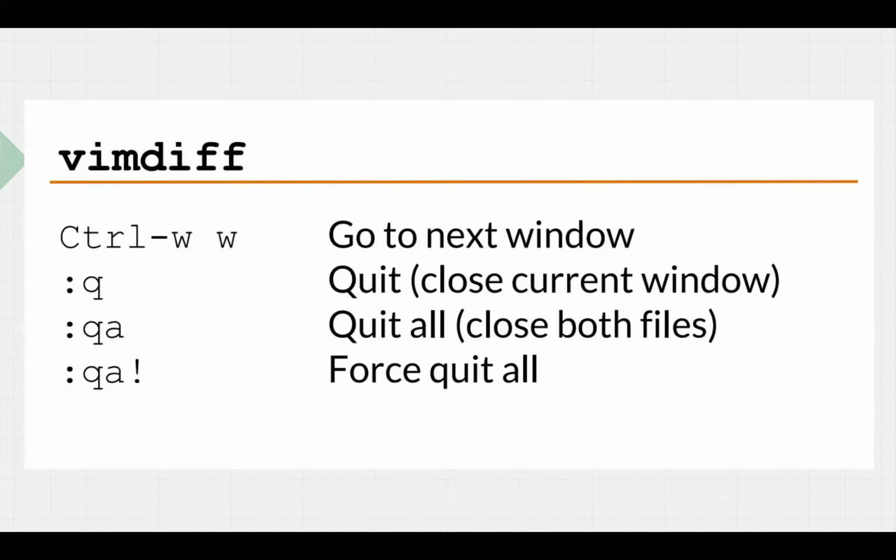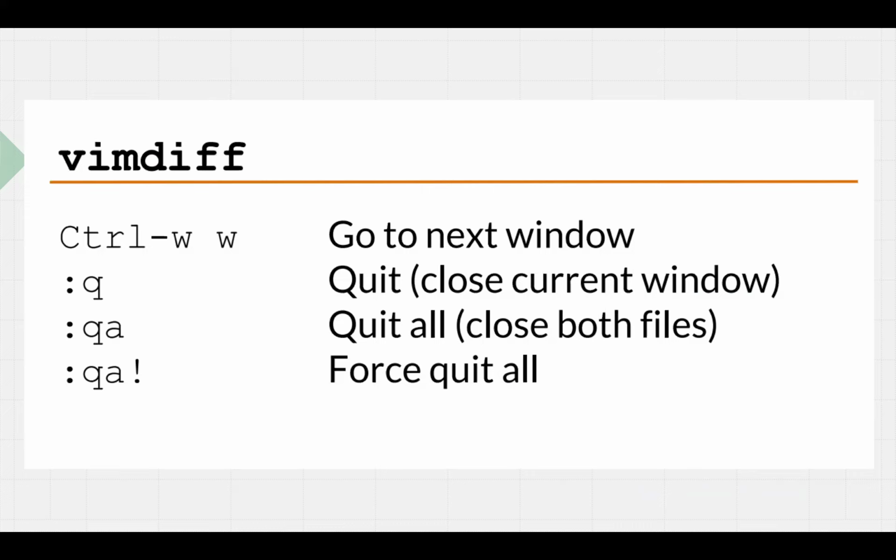When you run vimdiff, both files will be pulled up in separate windows. To switch between the windows, you can type Ctrl plus WW. To close the current file in the current window, you can type :q. And if you want to exit from the other window also, you can type :q again.